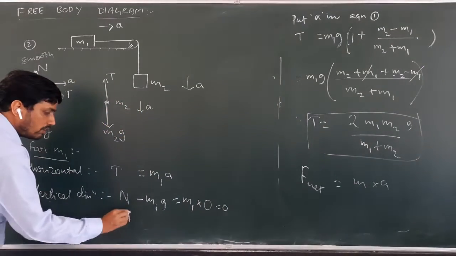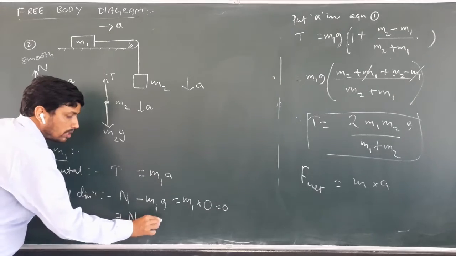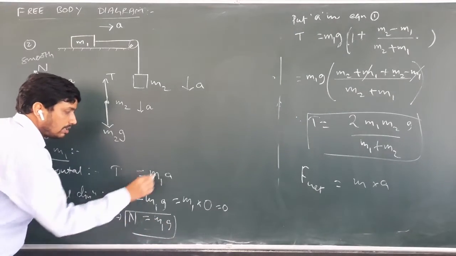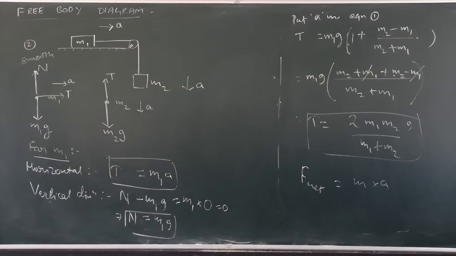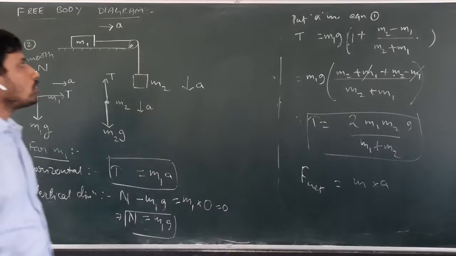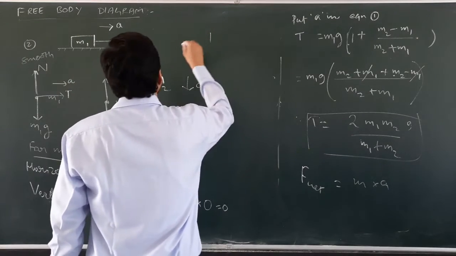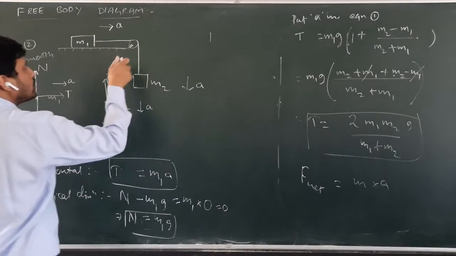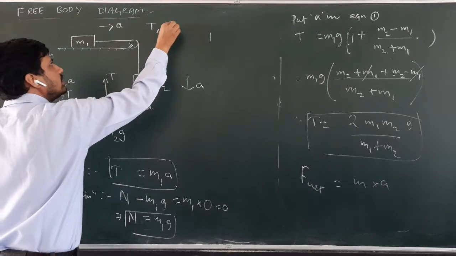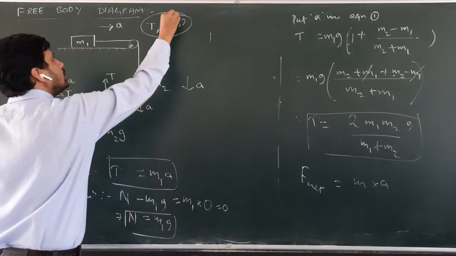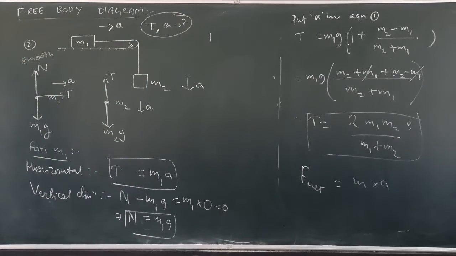So this implies N equals to m1g. So these are the two equations which we have got for mass 1. For mass 2, by the way, what we have to find in this question? We have to find the tension in the string and acceleration of the bodies. These two things we have to find.